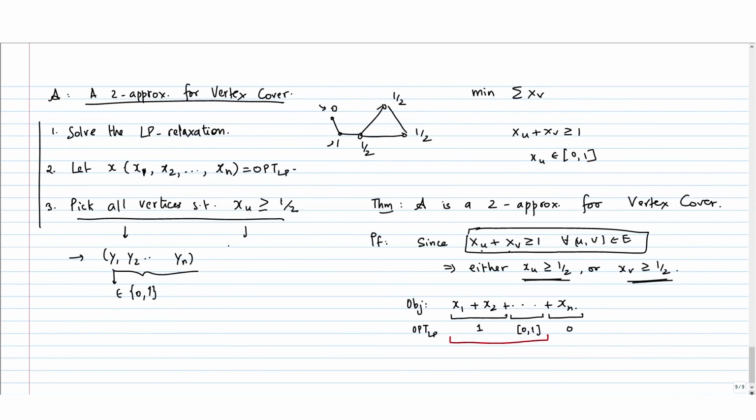To show that our algorithm is not too bad, look at the optimal solution. The optimal solution has some variables 1, some variables between 0 and 1, and some variables 0. So, we look at all the variables whose value is at least half, and all the variables whose value is smaller than half, and the rest. So, what we have done is to take all of these values. So, this is our solution.